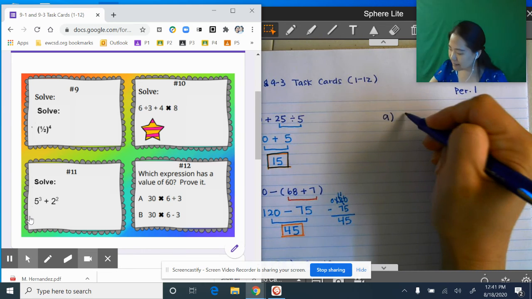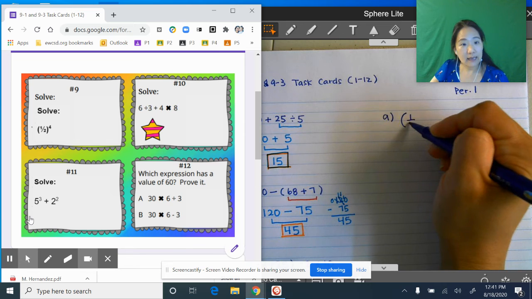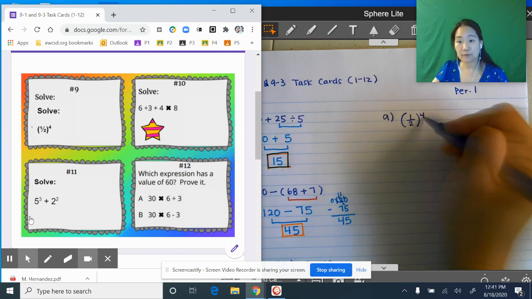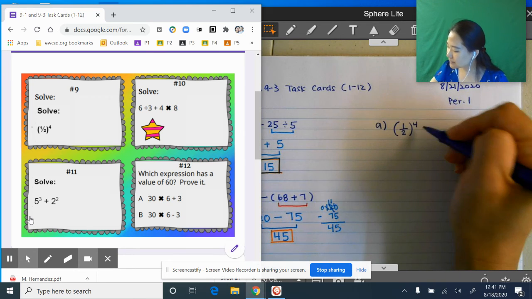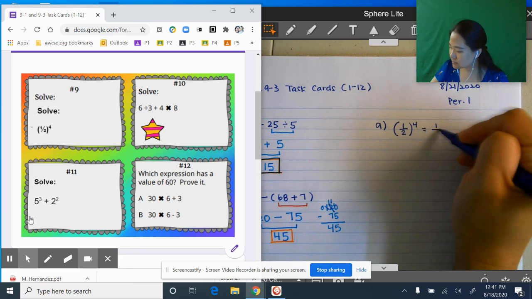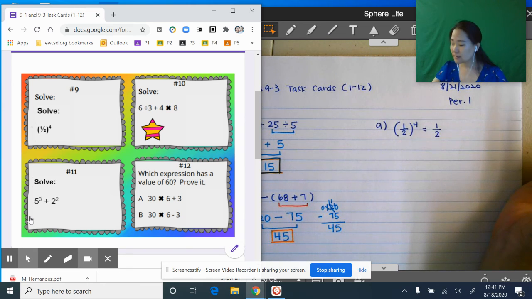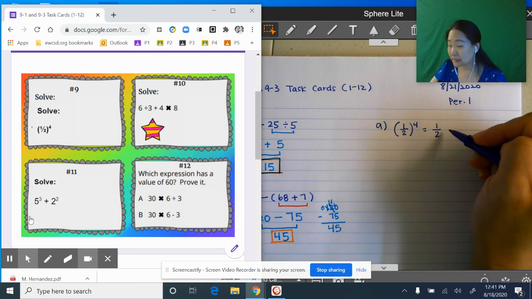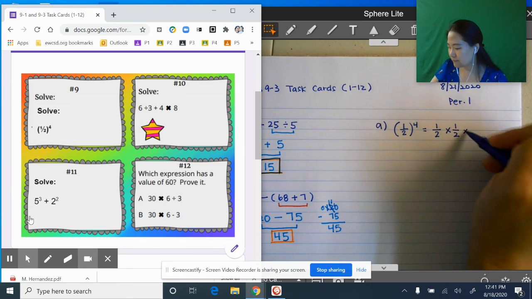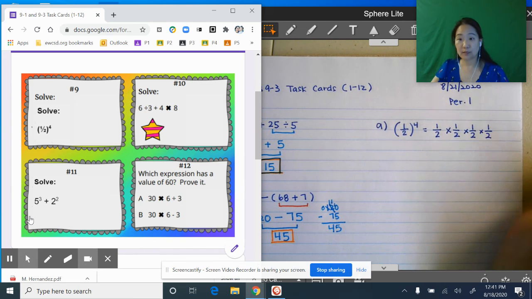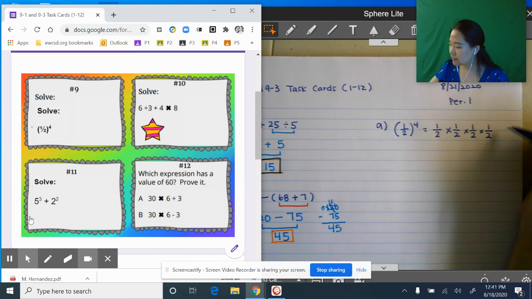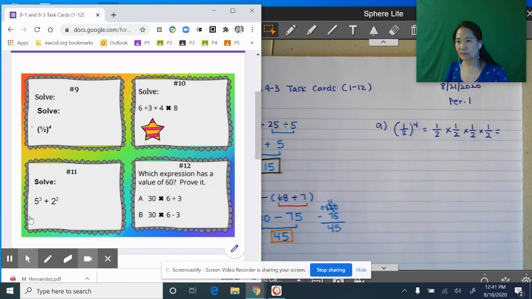So then I have 1/2 to the 4th power. So what that means is the base is 1/2, and you're repeatedly multiplying it 4 times. So 1/2 times 1/2 times 1/2 times 1/2.